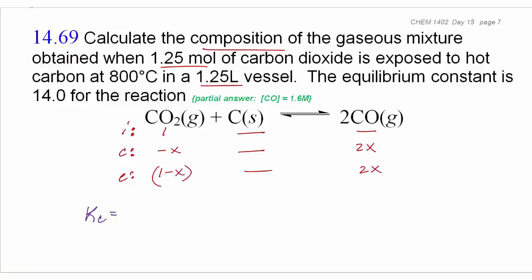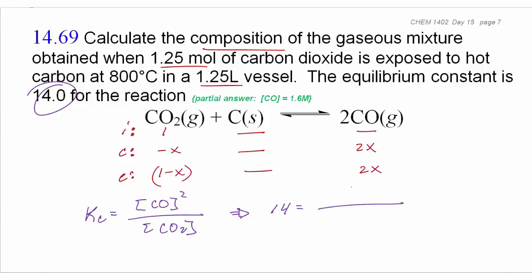Kc is products over reactants. Carbon monoxide squared divided by carbon dioxide to the 1 power. Okay, carbon solid doesn't show up, remember? So that means Kc is 14. So 14 has to equal CO squared, that's 2x quantity squared, divided by carbon dioxide, 1 minus x.